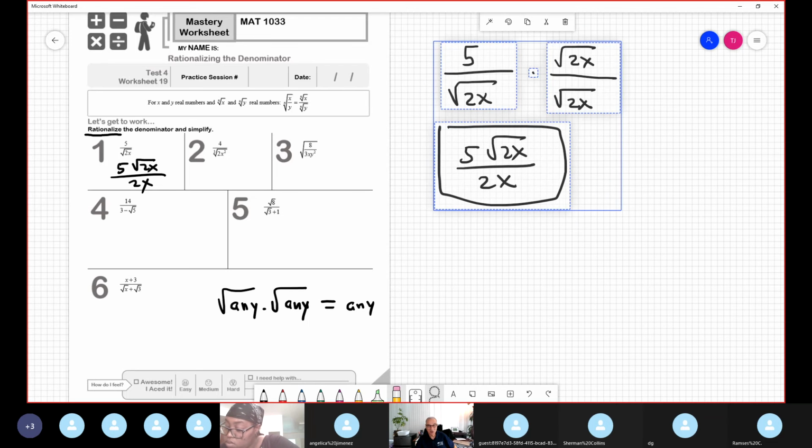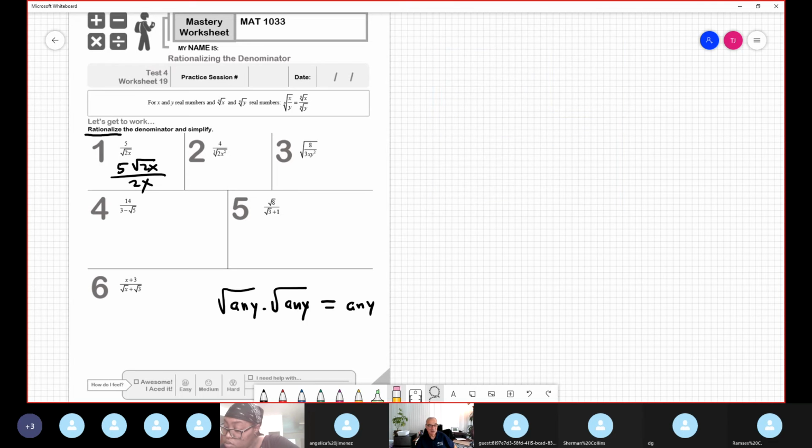Number 2 is a little bit more complicated because when you have a higher root, it's always complicated. Look, suppose you have 4 over cubic root of 2x squared. To rationalize this, it's different when you have a higher root or cubic root.